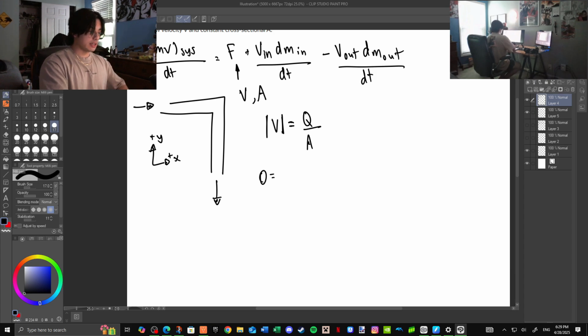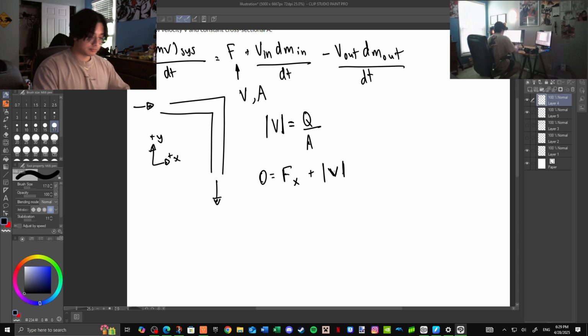And so we can see that the fluid flowing in this direction is going in the positive x direction, so we'll write this as fx, right? And so here, for the velocity in, we're just going to put in the absolute velocity as velocity in.